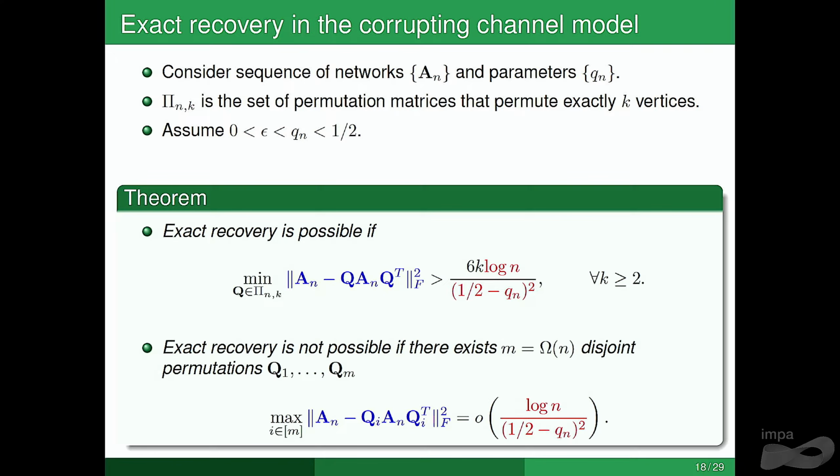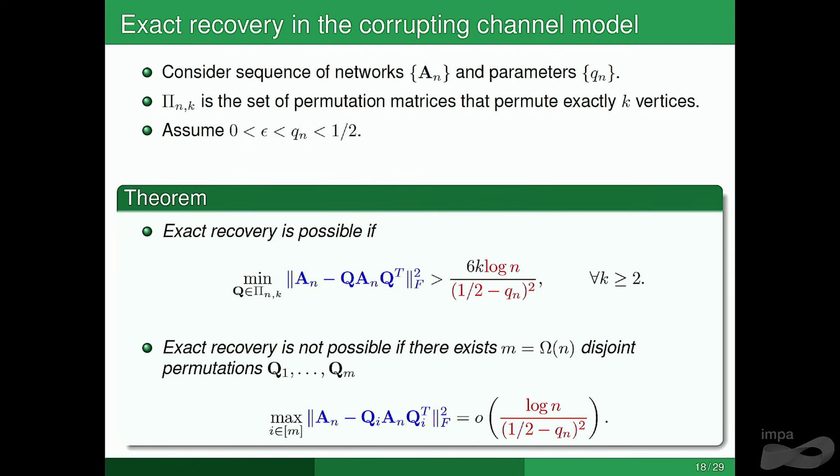So basically, a thing to notice here is that the main threshold that is governing the difficulty of the problem here is log n over this function of the probability of perturbation. So this tells us how much tolerance we have for perturbing the edges of a given graph. If we have a graph that is more irregular, then we can choose a higher perturbation probability Q, and we can still recover the correspondence between the vertices. Okay, so that's the result.